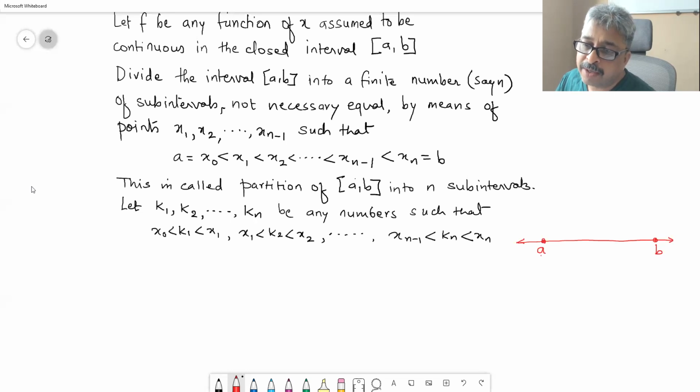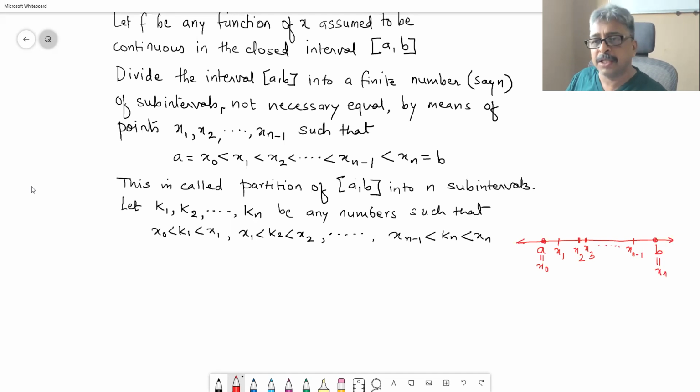We call a which is equal to x0 and b which is equal to xn, and then you have n minus 1 points in between, x1, x2, x3, up to xn minus 1, not necessarily equally spaced.